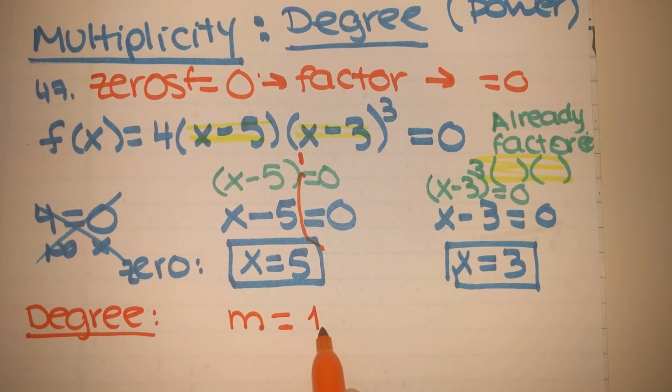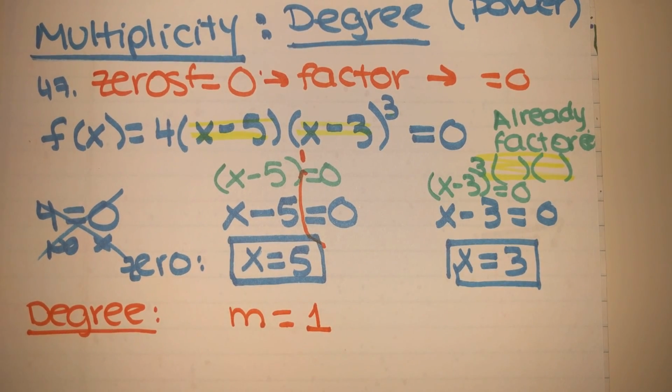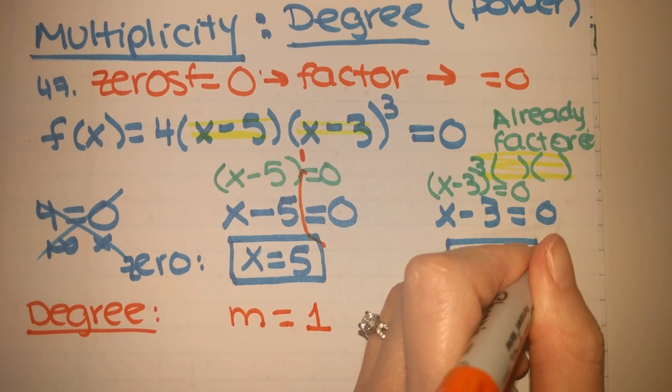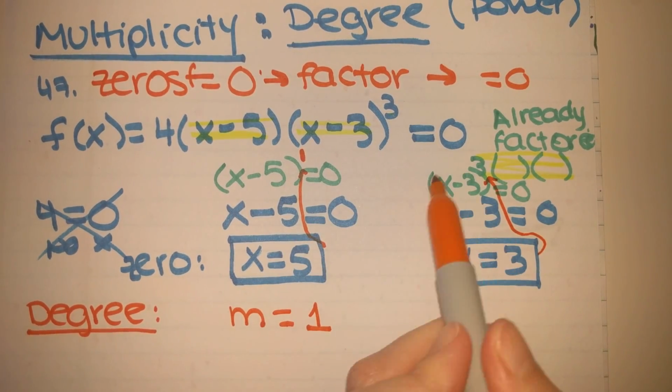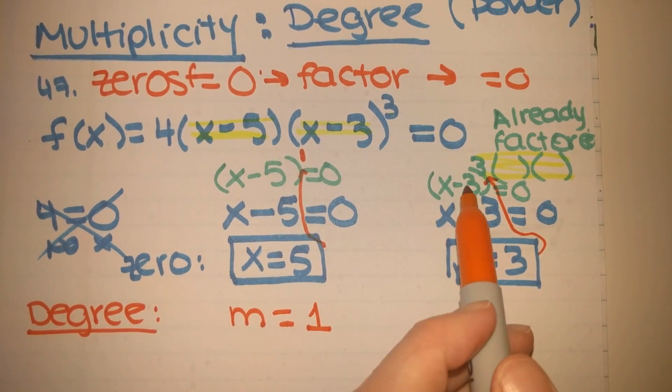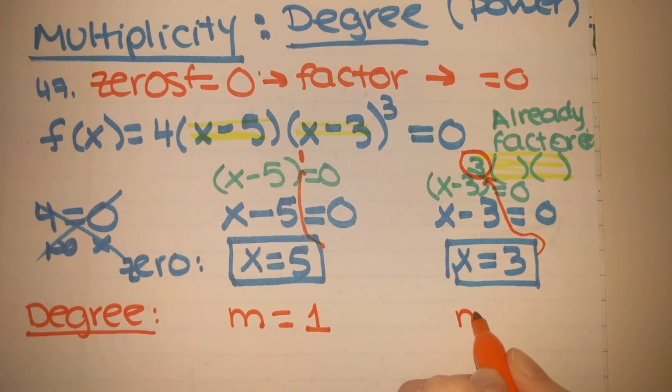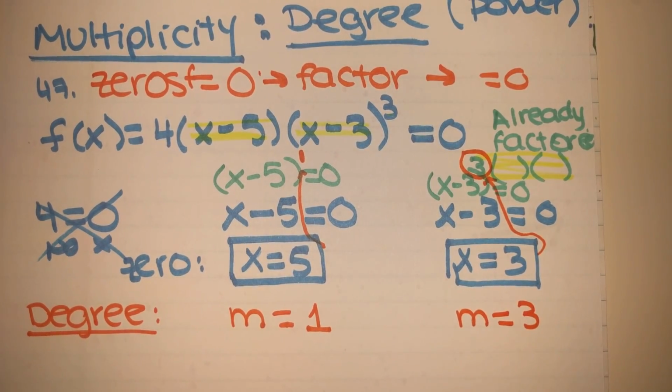So that tells us that our multiplicity is 1. Now, if you look at the x is equal to 3 zero, if you trace that back to the factor that it came from, you see that that degree is 3. So we would say its multiplicity is 3.